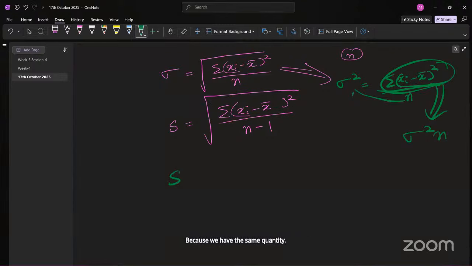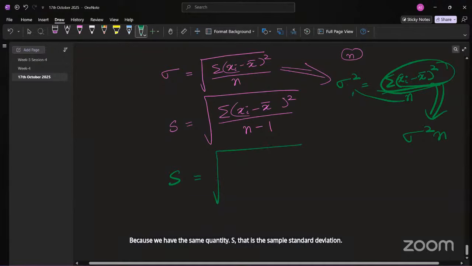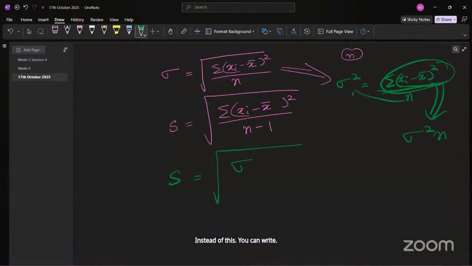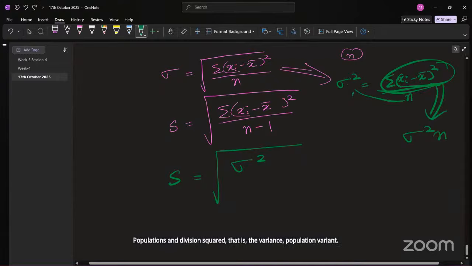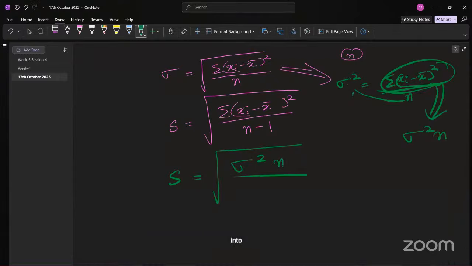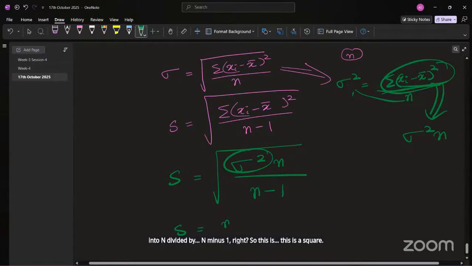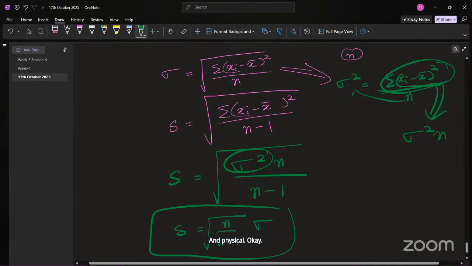So S, the sample standard deviation, is the square root of population variance times n divided by n minus 1. So this sigma square comes out, and n upon n minus 1 will remain under the root. Okay, got it, guys?